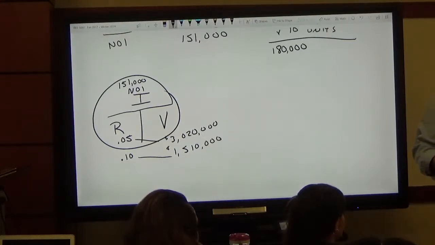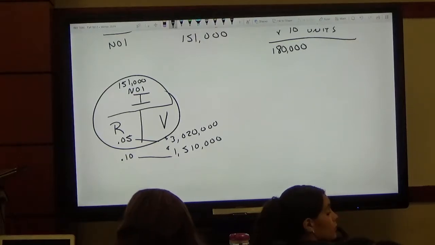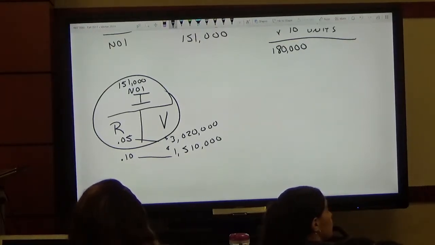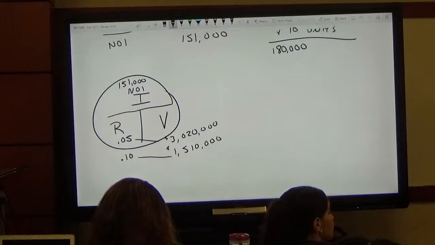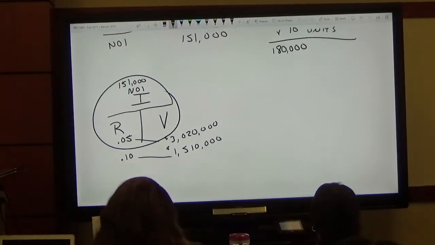My expectation would be that you would have a lower perception of risk about that market, assuming the market fundamentals are good, than maybe an outsider would. Because they wouldn't have that depth of market knowledge that you might have, they're going to have a higher perception of risk, and therefore demand a higher cap rate. Does that make sense?